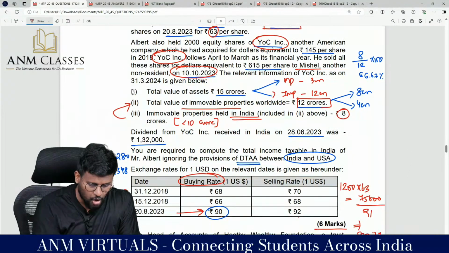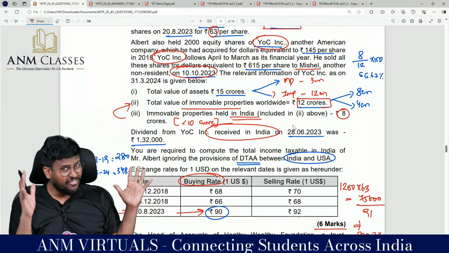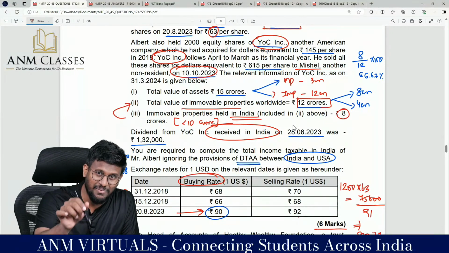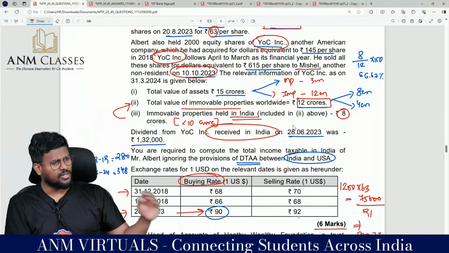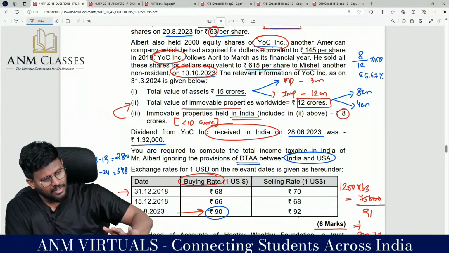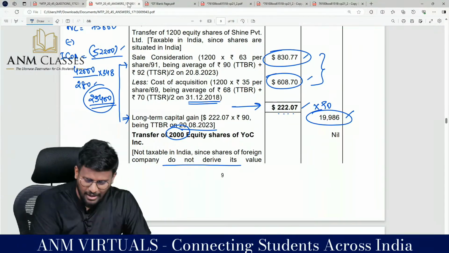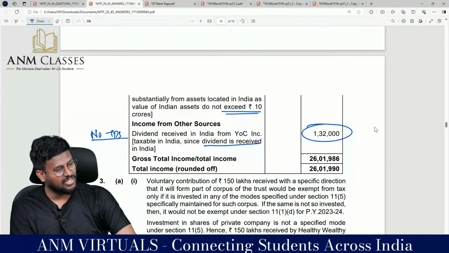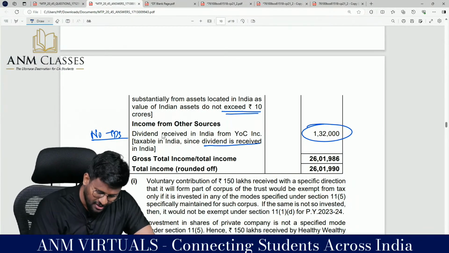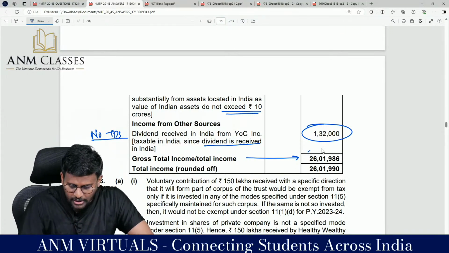Dividend from York Incorporation, the same company York, received in India, that's a game over. Received in India. Anyone can be in India, tax has to be paid in India. Dividend on 28/6/2023 was 1,32,000. Who has given this? A foreign company, so they would not have deducted TDS, and there is no need to gross up. You can tax the 1,32,000 as it is, no TDS. If an Indian company had given it, 10% TDS under section 194 would have been deducted. So dividend received in India from York Incorporation is taxable in India, since dividend is received in India. If you add everything you will get the gross total income.